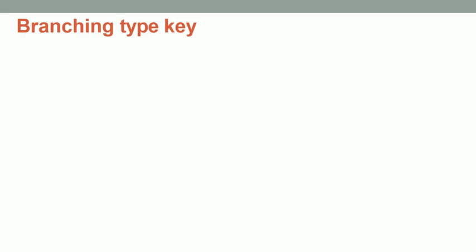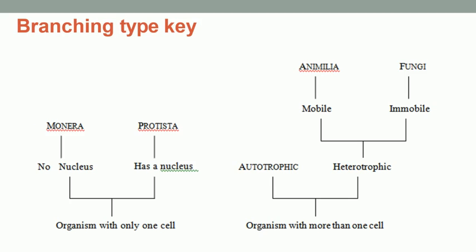Now let's understand this with the help of an example. So suppose I have an organism with a nucleus. I will follow this branching type of key. First of all, the organism which I am trying to identify is a single celled or unicellular organism, so I have to refer to this branch.